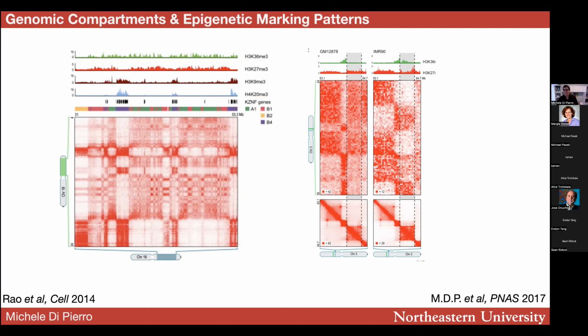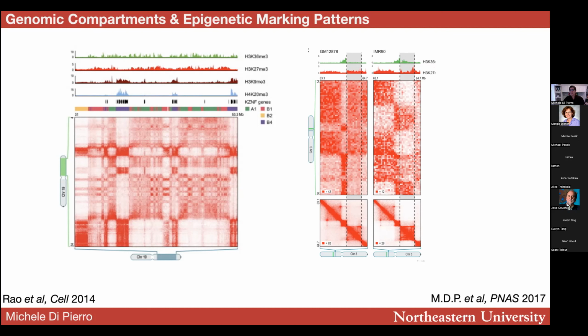And on the right-hand side, you have two human cell lines, and the structure of these two cell lines is different, as you can see from the Hi-C map, in which you have a dark region and a light region, or in IMR90, you have light, dark, light, dark. So the structure is different, and associated with this change in structure, there's a change in H3K36 methylation, which you see in the green ChIP-seq track.